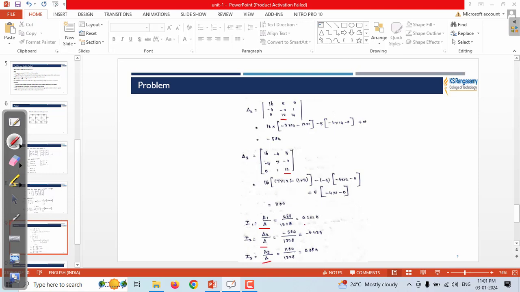Thereby we can calculate I1, I2, and I3, the currents flowing in loop 1, loop 2, and loop 3, that is, the mesh currents. So this is the procedure for calculating the mesh currents in the given circuit.